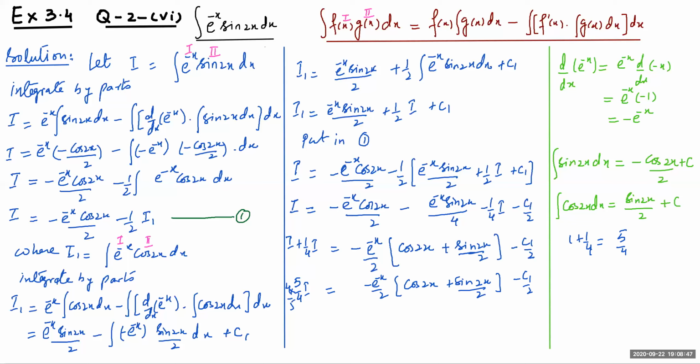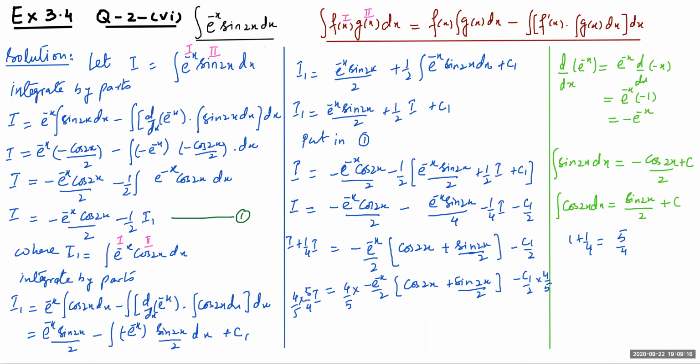I think I better write this all once again, because I don't have enough space for this 4 by 5. I'm just writing it again just to make space for my 4 by 5. Here it is, into 4 by 5. On this side, I'm going to multiply this whole expression by 4 by 5. So I will have to multiply by 4 by 5 here, and I will have to multiply by 4 by 5 here. Multiply this with 4 by 5 and this with 4 by 5.